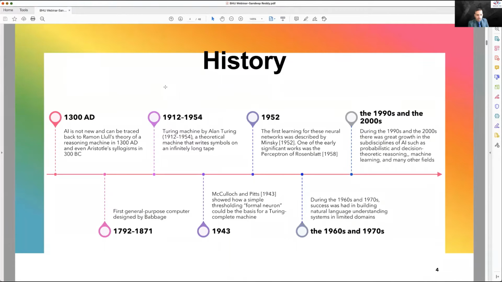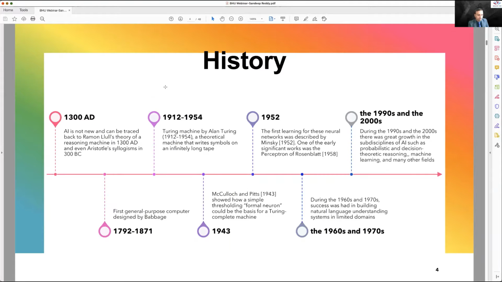Now, a lot of us think artificial intelligence is a new phenomenon, that it has been around only for the past decade. But in fact, the concept can be traced back to Aristotle's time, Aristotle's concept of syllogisms in 300 BC. So the concept has been around for a long time.